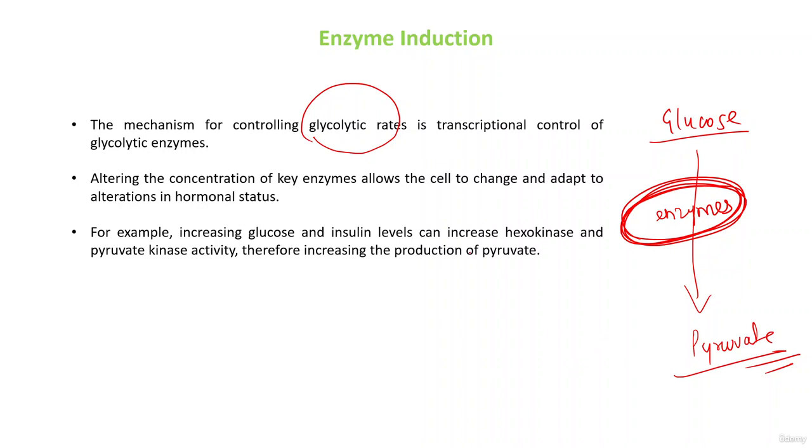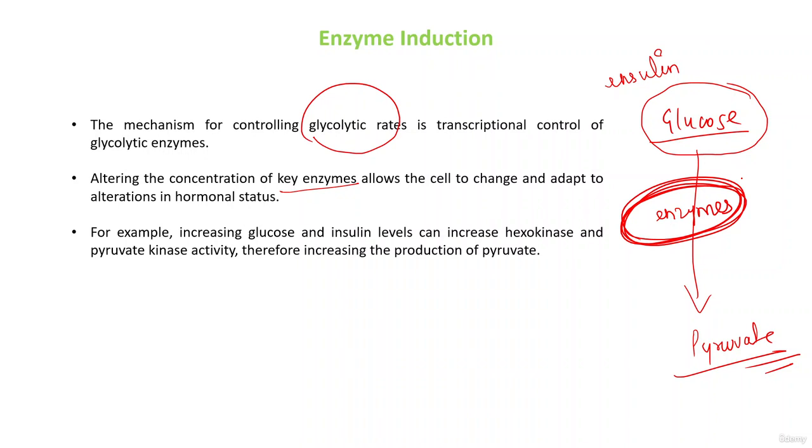So, altering the concentration of key enzymes allows the cell to adapt to alterations in hormonal status. For example, what happens if we increase the level of glucose or we increase the level of insulin?